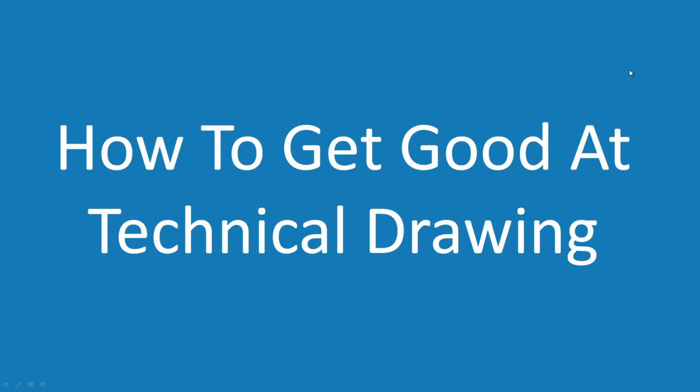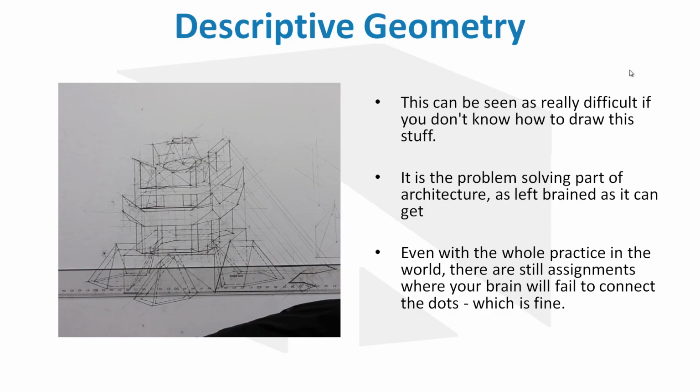Okay, so how can you get good at technical drawing? Well, there's just one way: to basically master descriptive geometry. So this can be seen as the really difficult part of learning technical, because it's not about graphics.